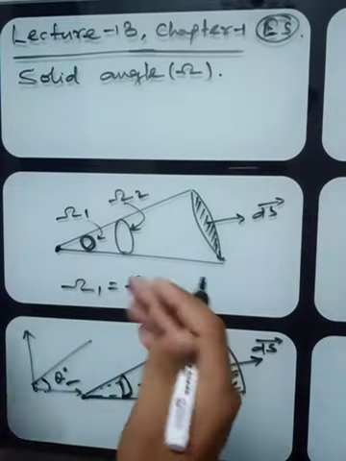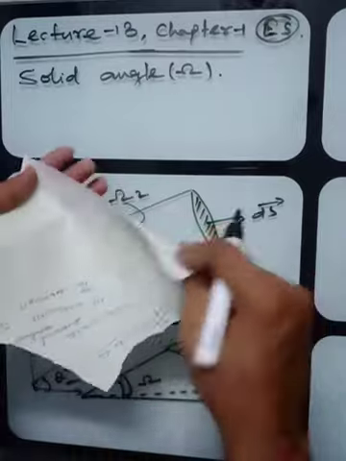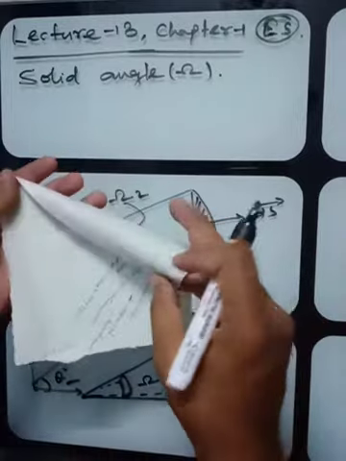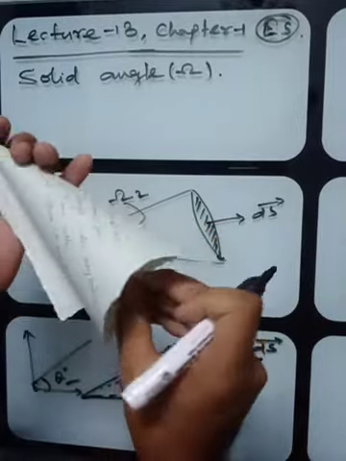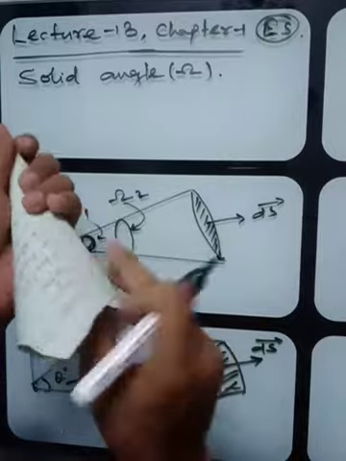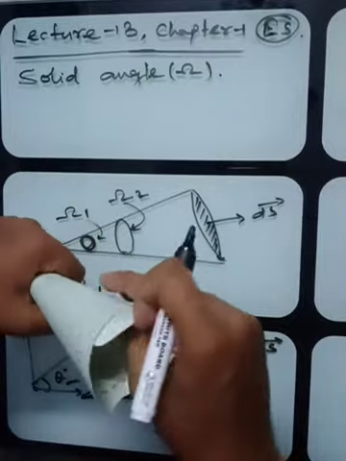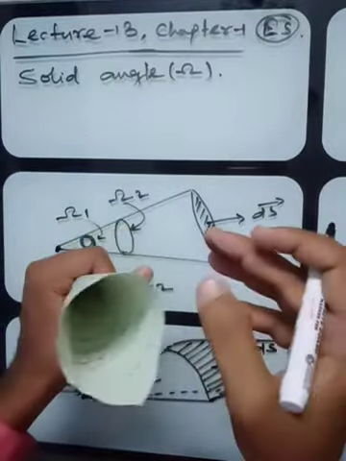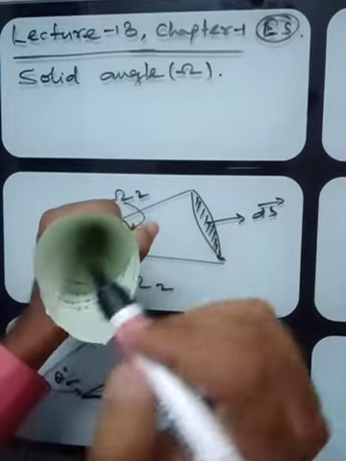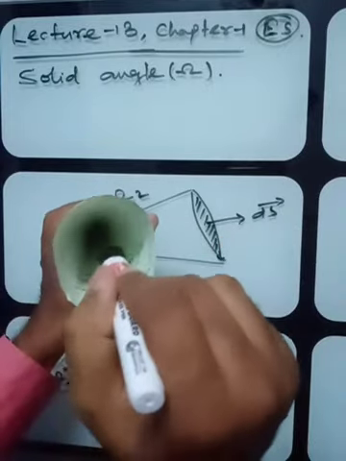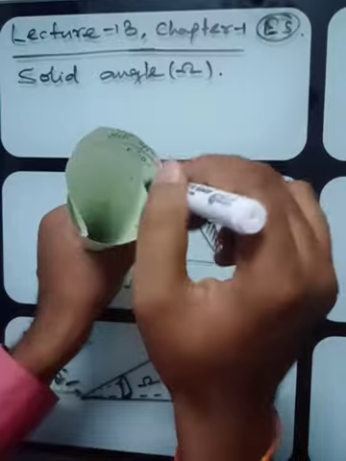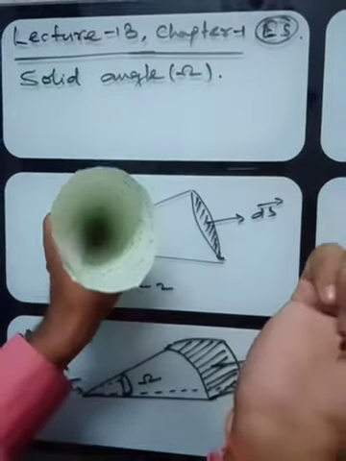For example, suppose you have a paper and you make a cone with it, like the cone you eat. That is a space, and that space is the solid angle.